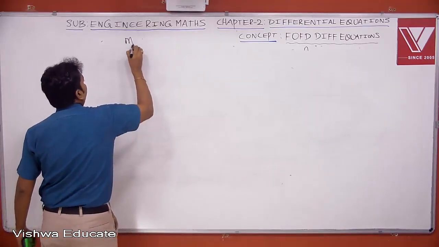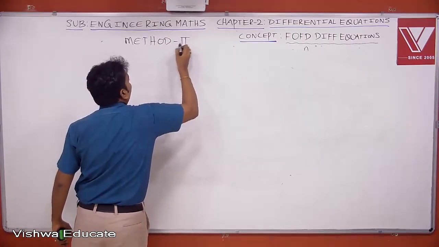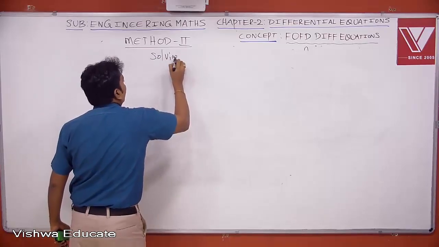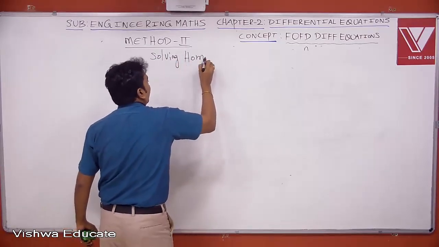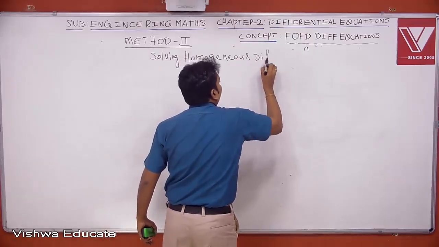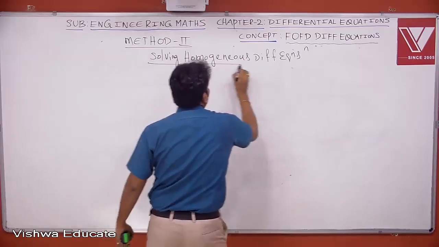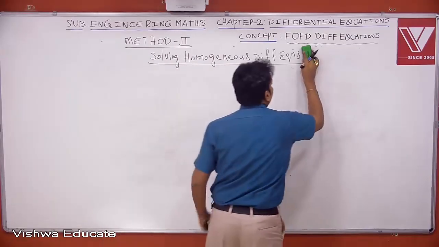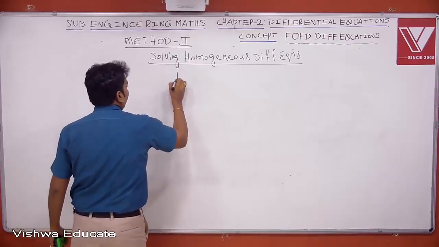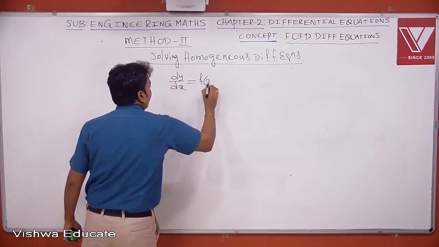So next one is method 2, that is solving homogeneous differential equations. Suppose we have an equation dy by dx equal to f of x comma y.